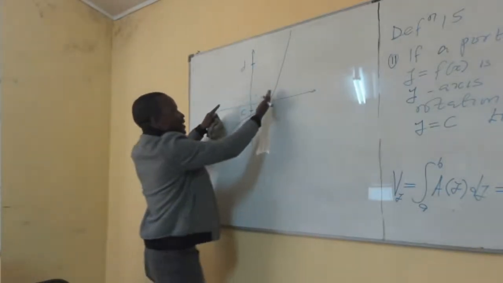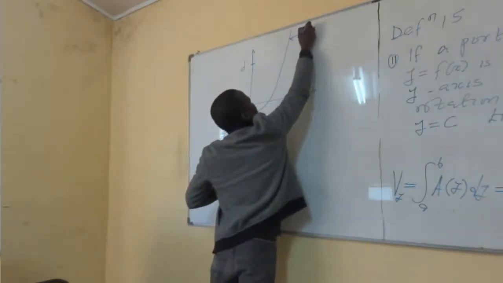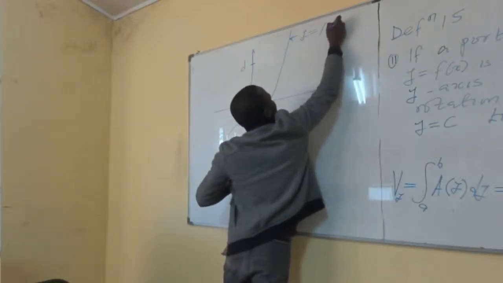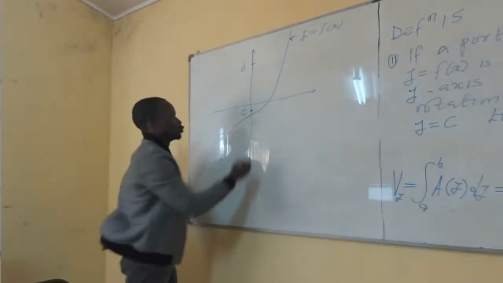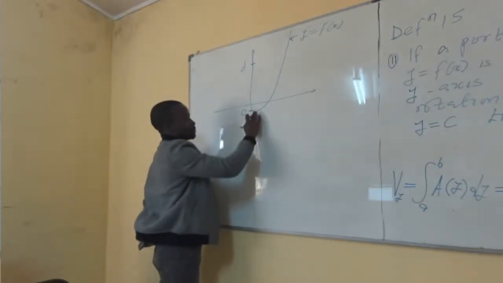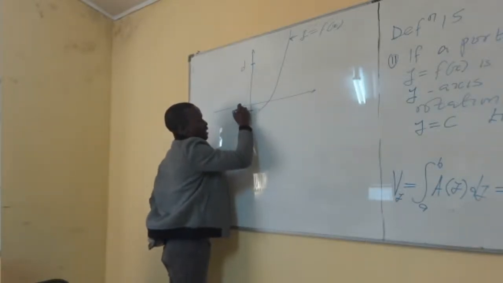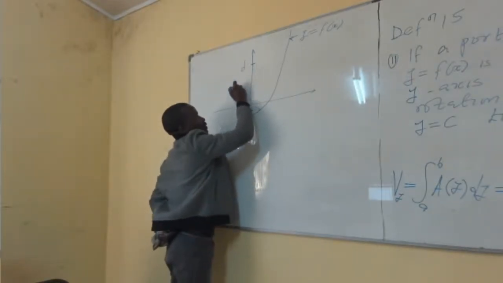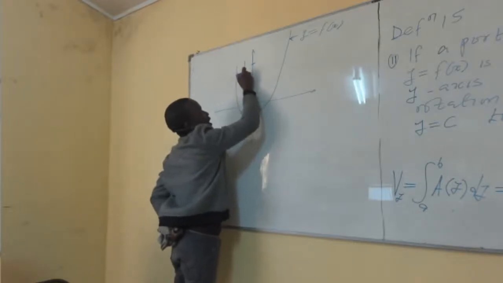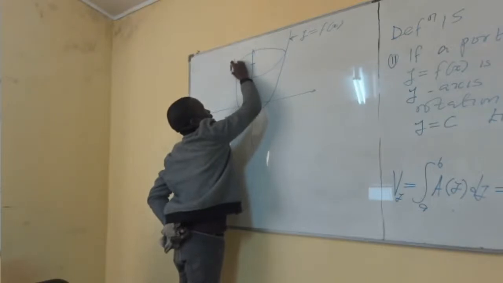So you want to rotate this portion of the graph of the curve y equal to f of x. So what you need to do is to make a point there, and then we can get rid of this part. Then we have something like that.